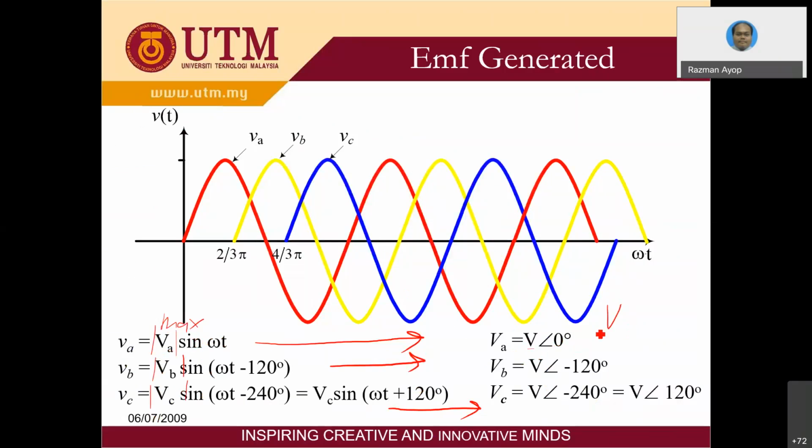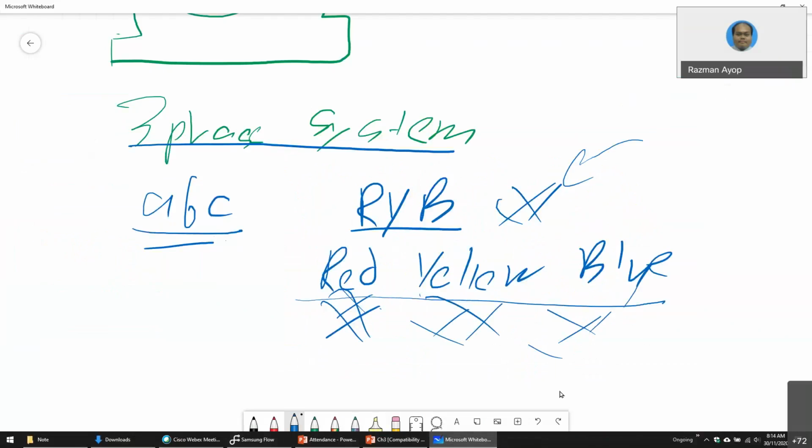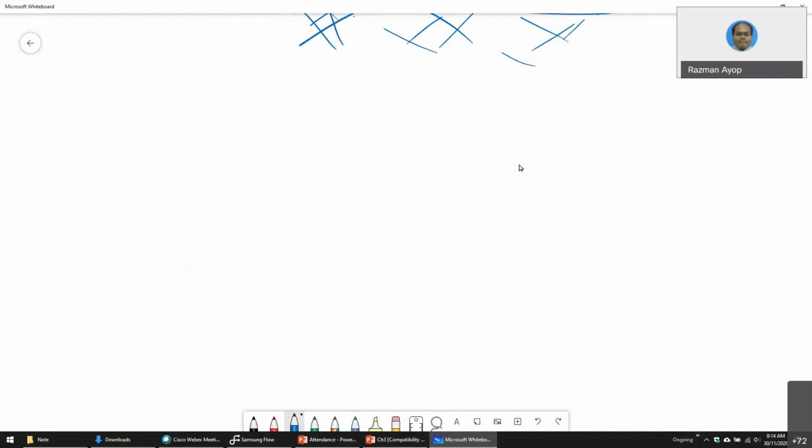This one is not actually accurate, so I give you an example here. So how to convert from time domain to phasor domain.